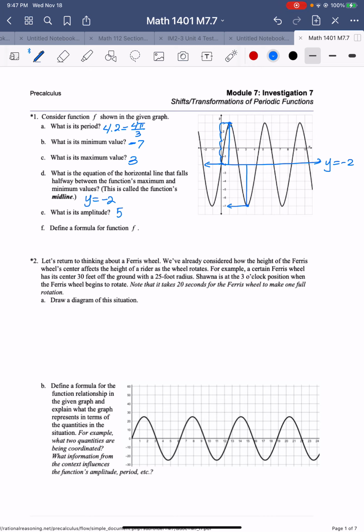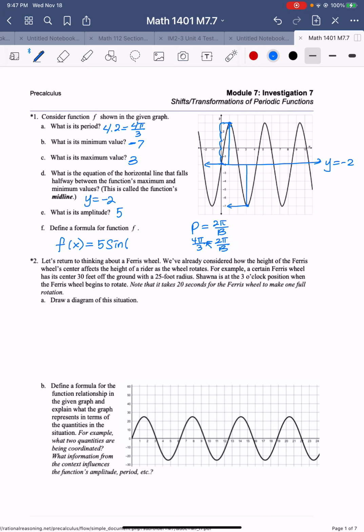So the amplitude is 5. In order to find the formula, f of x has amplitude 5, a sine function, and the period is 4π over 3. The period is 2π over b, so 4π over 3 equals 2π over b.